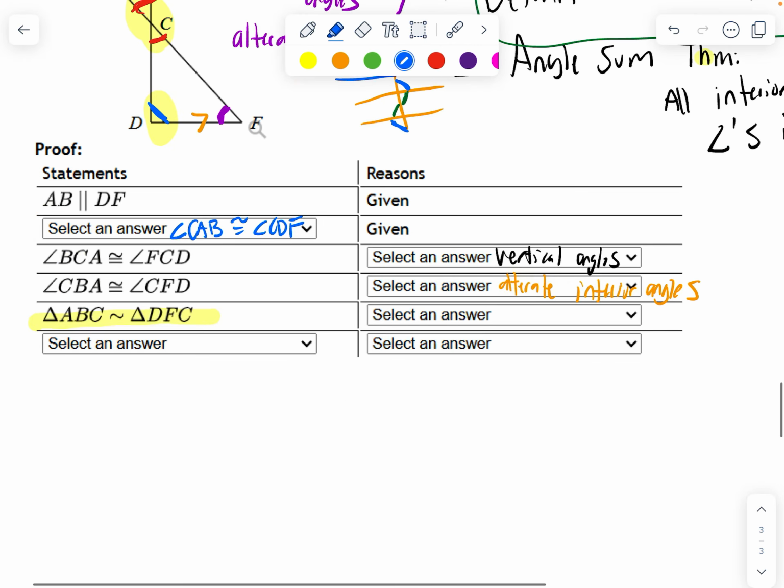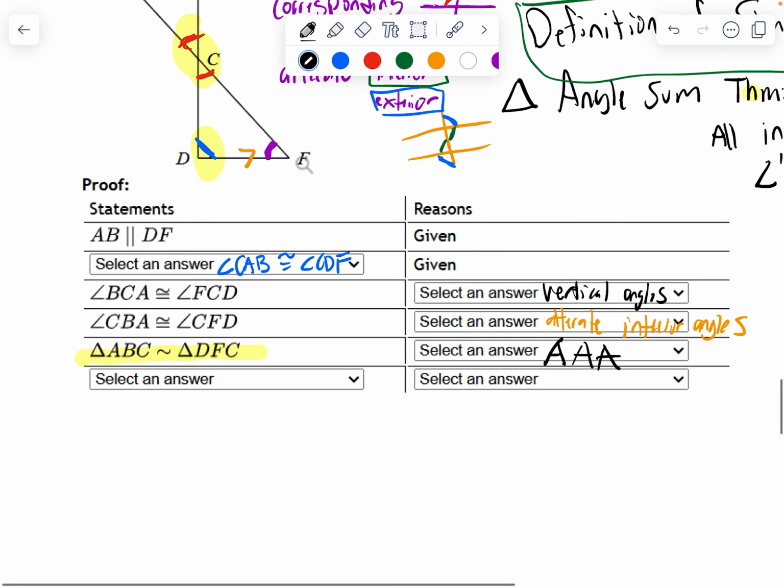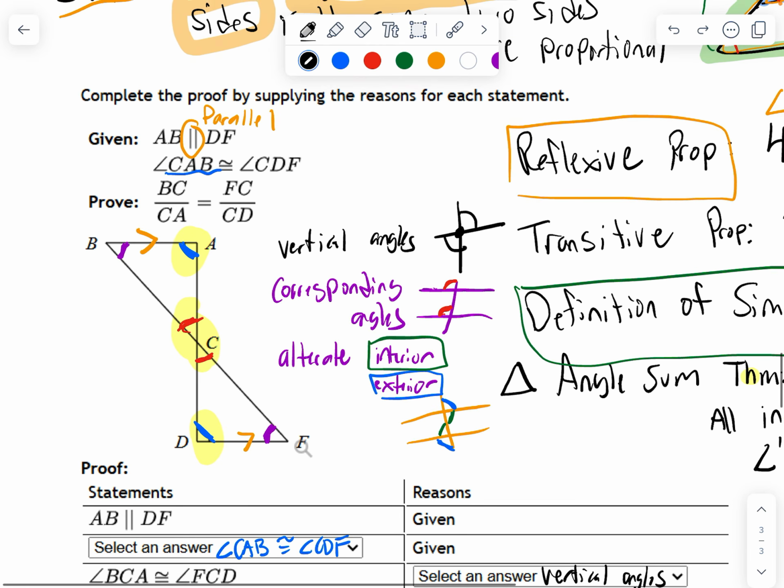And that is your reason. How do you know that these triangles are similar? Because the three angles we just proved are congruent. We just proved we had three congruent angles, which is why we have similar triangles, by angle, angle, angle similarity.